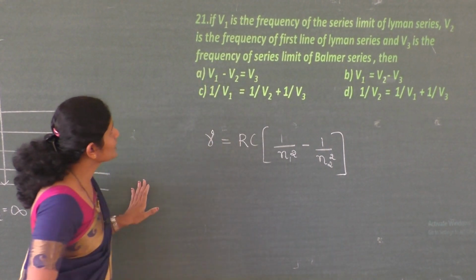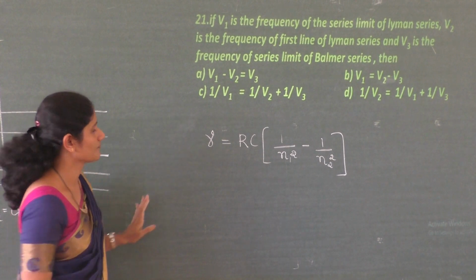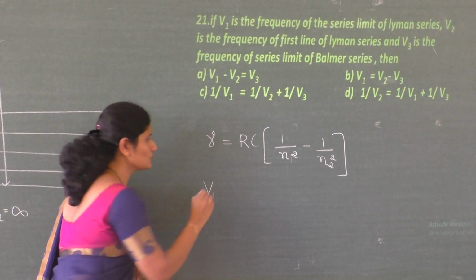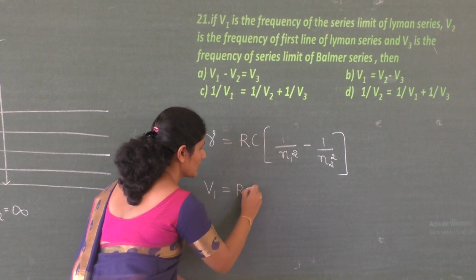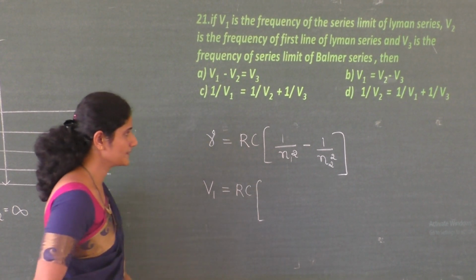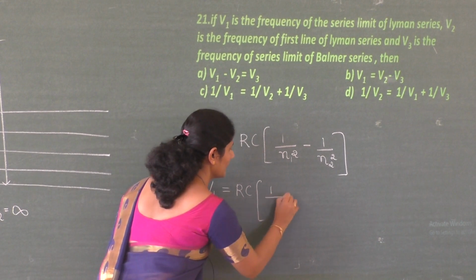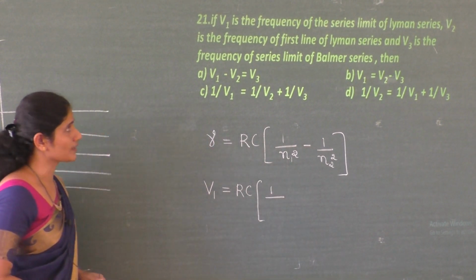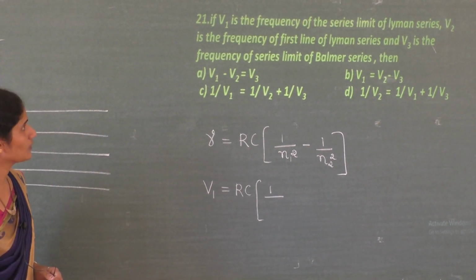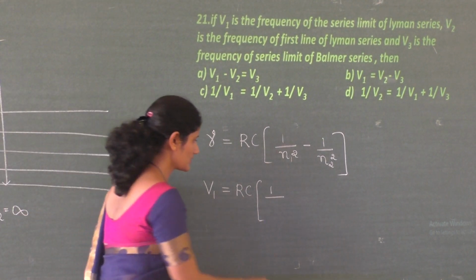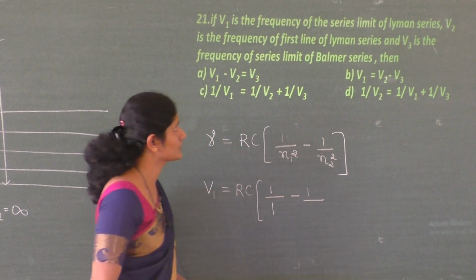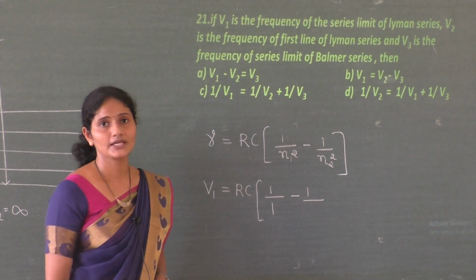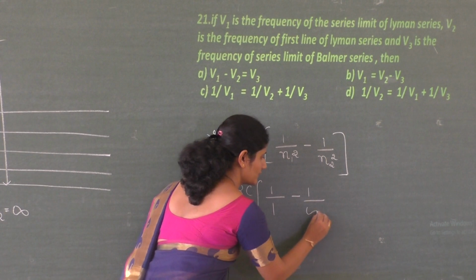Here the frequency is V1, so instead of nu, I will write V1. V1 is equal to R into C, 1 by n1 square. For Lyman series, n1 is 1, so 1 square is 1, minus 1 by n2. For the series limit of Lyman series, n2 is infinity.